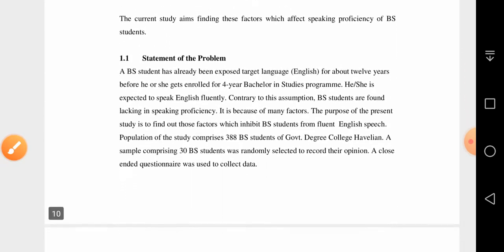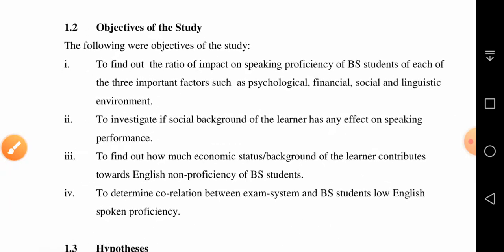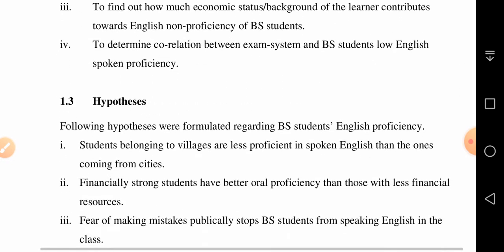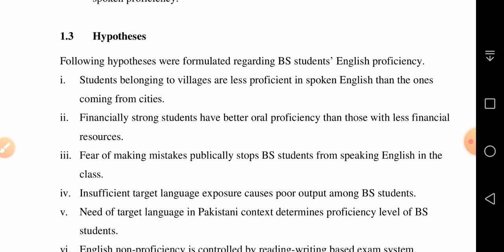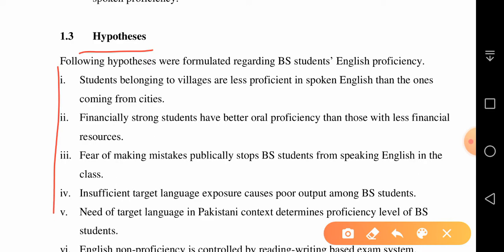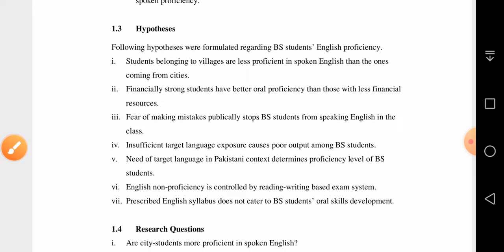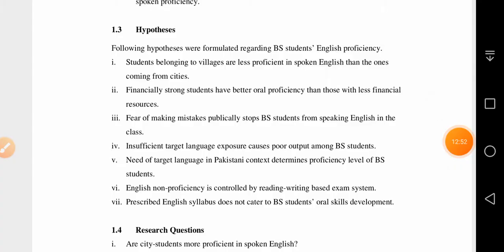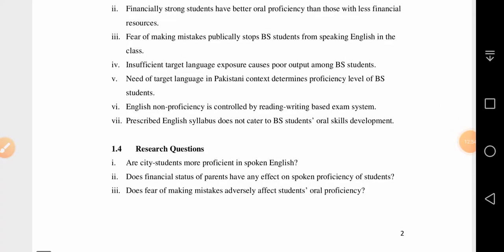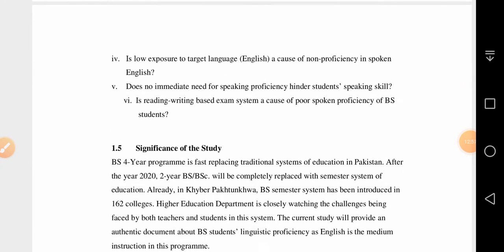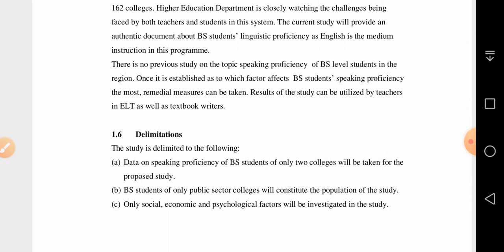Then we have to give statement of the problem, objectives of the study, okay, hypotheses. As I was mentioning that in last chapter, findings. So you have to talk about these findings, these objectives, whatever you write. So research questions, significance of the study, delimitations.